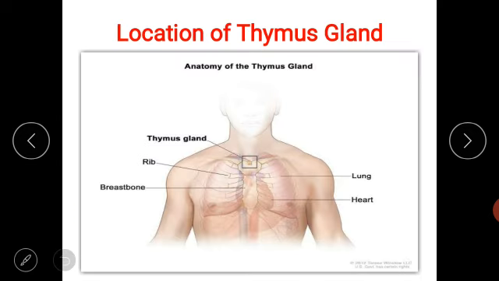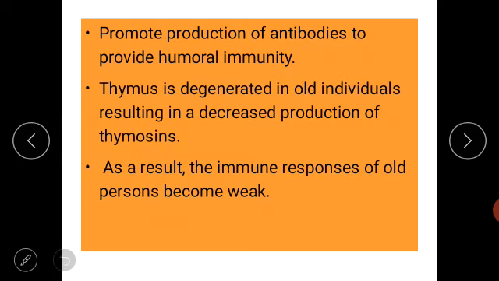In the picture you can see clearly that just behind the sternum there is the location of the thymus gland, and it is not a much bigger gland. It is mostly active in childhood and in the young stage, and it starts degenerating in old age. So thymosin promotes production of antibodies to provide humoral immunity.